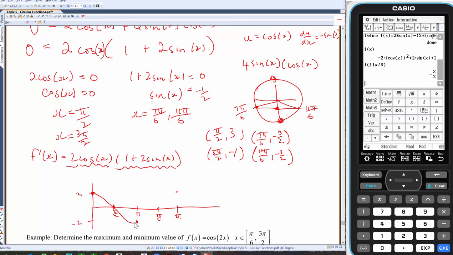There's my first function. All right, here's my second function. We're going to go up 1 on the standard sine function, and 3, negative 1. There, there, there, there, there.